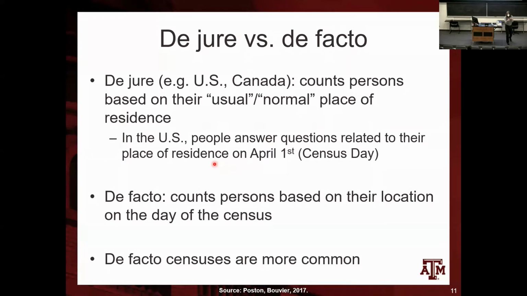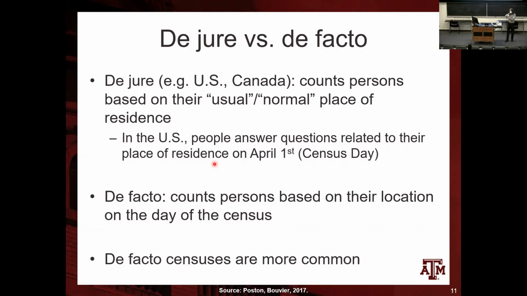What's the other option? The de facto census counts persons based on their location on the day of the census, on the day that the people received the questionnaire. The de facto census is more common across the world because it's easier and it's cheaper, right? Once the questionnaire reaches a household, whoever is there at that time will be counted in the questionnaire.